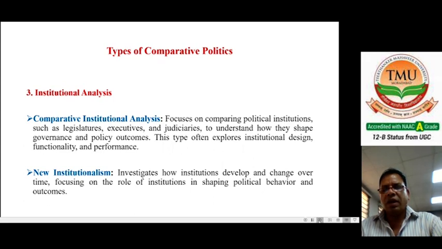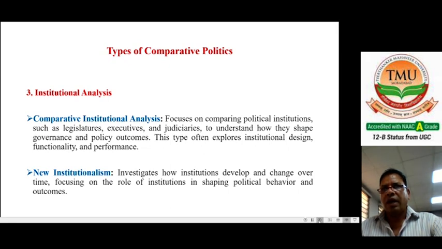It investigates how institutions develop and change over time, focusing on the role of institutions in shaping political behaviors and outcomes. When we're talking about new institutionalism, that means in addition to the legislature, executive, and judiciary, many different institutions are emerging and are required according to the needs of the hour.